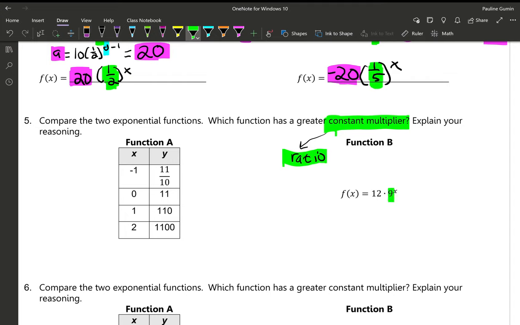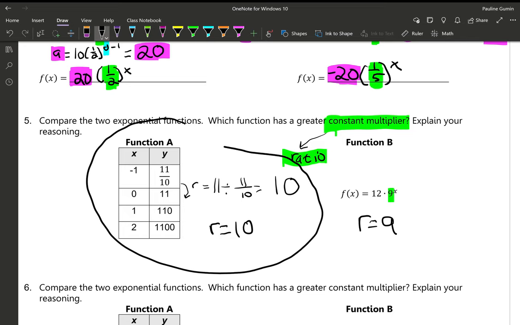Here it is. r equals 9. Now for function a, we're going to have to figure out what r is by doing second term divided by first term. That goes into your calculator, and we get an answer of 10. So here we have that r equals 10, r equals 9. Function a has a larger constant multiplier.